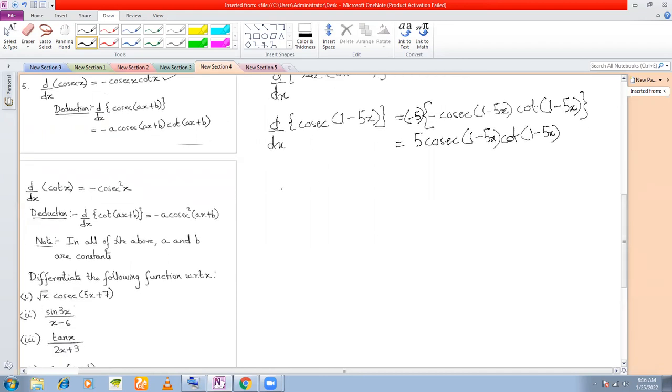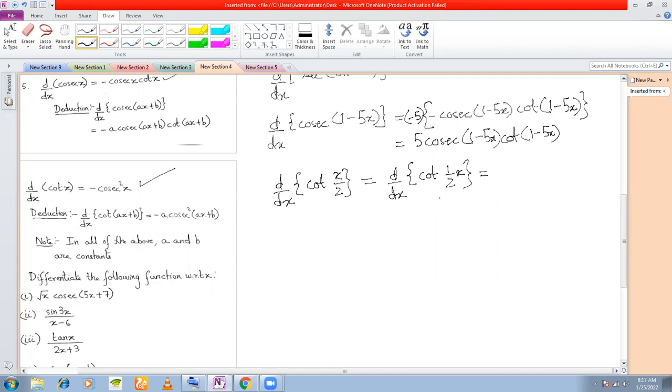Next, d/dx of cot x is minus cosec square x, this result. Suppose you have to differentiate cot(x/2). Again, x/2 is also a linear polynomial, isn't it? Because the power of x is 1. So how will you differentiate this? First of all, observe that cot(x/2) can also be written as cot of half into x, right?